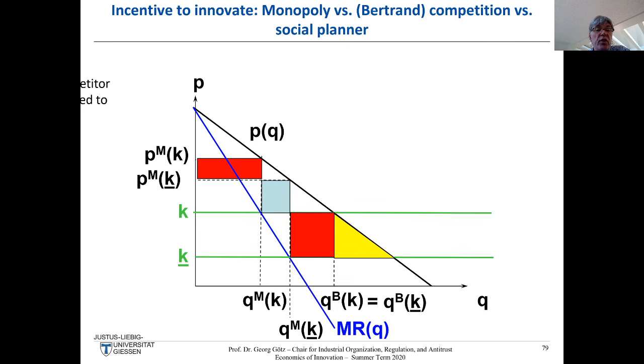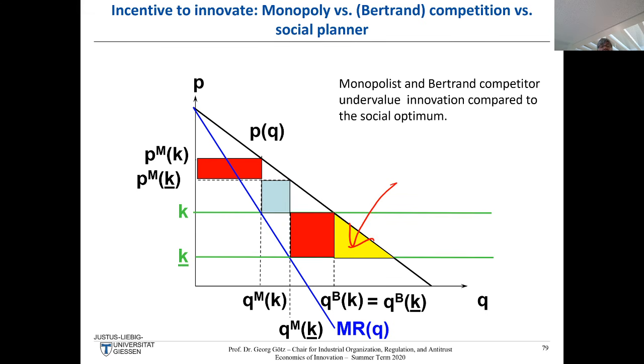The social planner has a higher incentive to innovate, which is higher than Cournot, than Bertrand, which is equal to this yellow triangle, and of course it has a much higher incentive to innovate than the monopolist, because the monopolist has a lower incentive to innovate than the Bertrand competitor. So what you see here is that both market structures provide, from a social point of view, insufficient incentives to innovate.